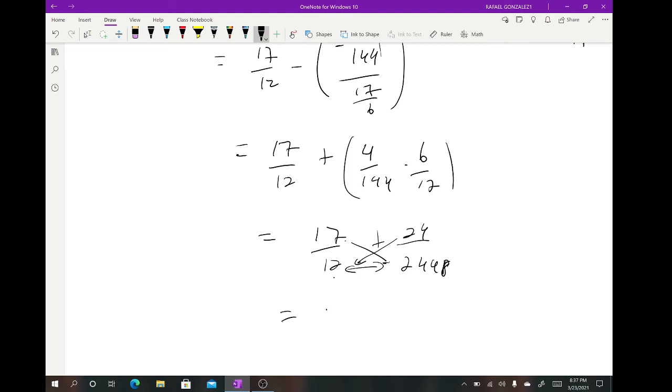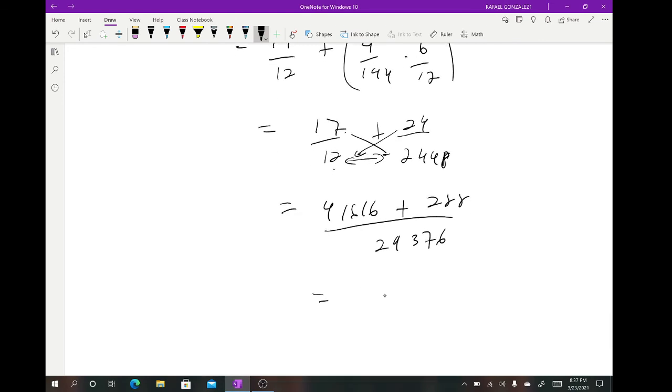So here in the top is going to be 41,616 plus 288, divided by 12 times 2,448, which is 29,376. So when you combine this, you get, let's see, 41,904 divided by 29,376.